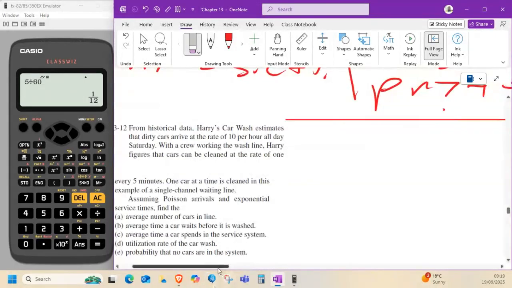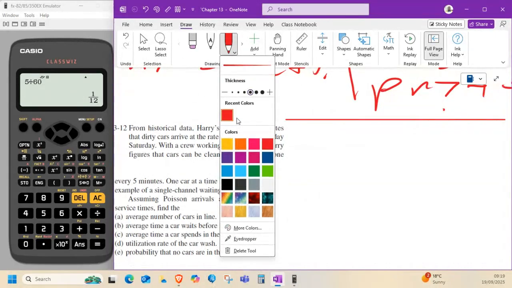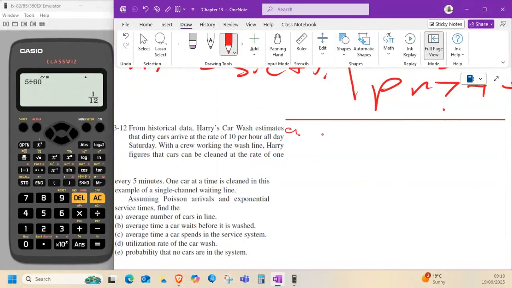All right. Now, I think I must reduce the thickness of the pen. Number A, we have the number of cars waiting in the line, meaning Lq.